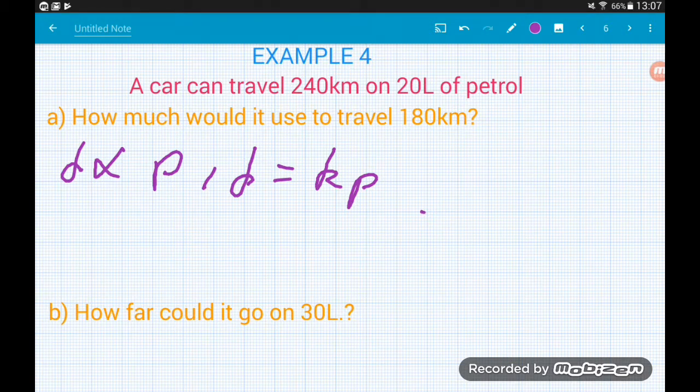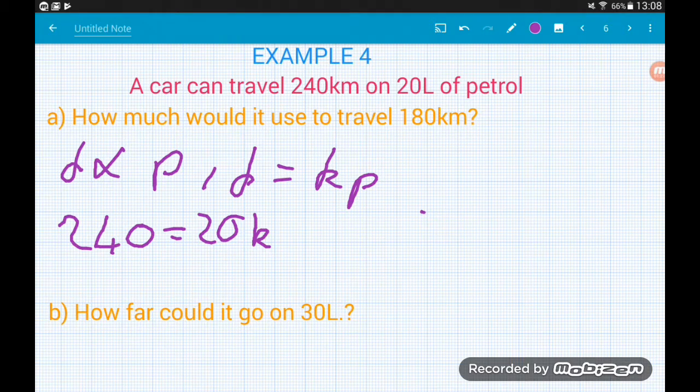So here we know that D is 240 when P is 20. So we would get 240 is equal to 20 times K. And then finally, to get K on its own, divide by the 20.